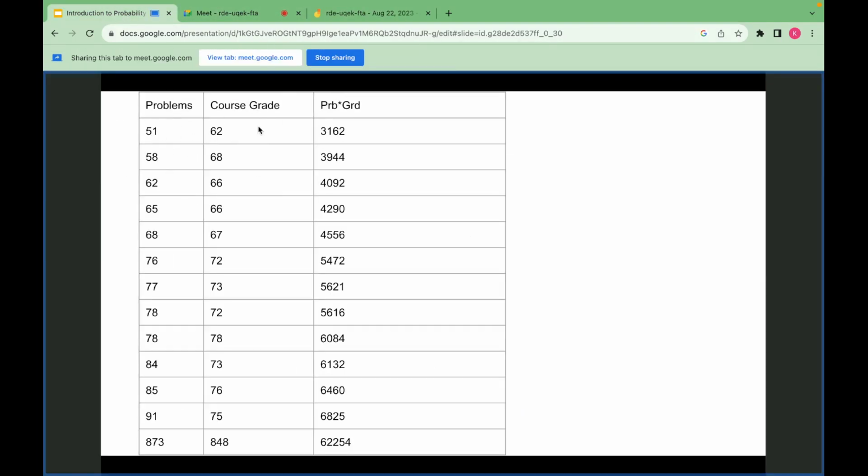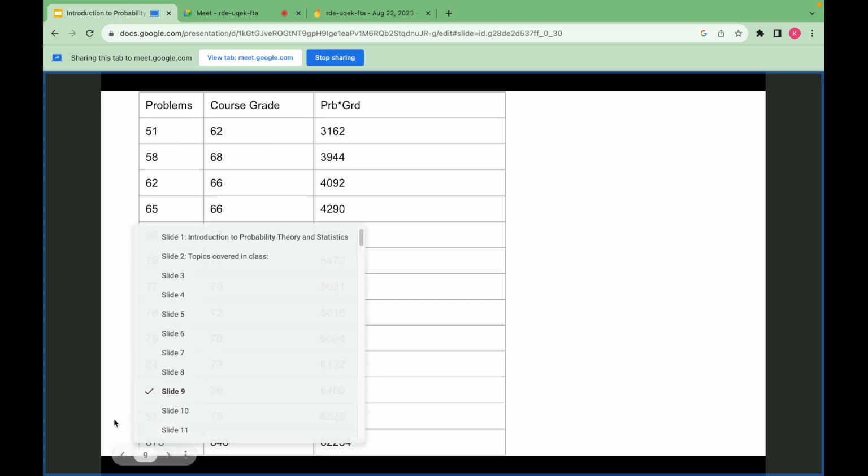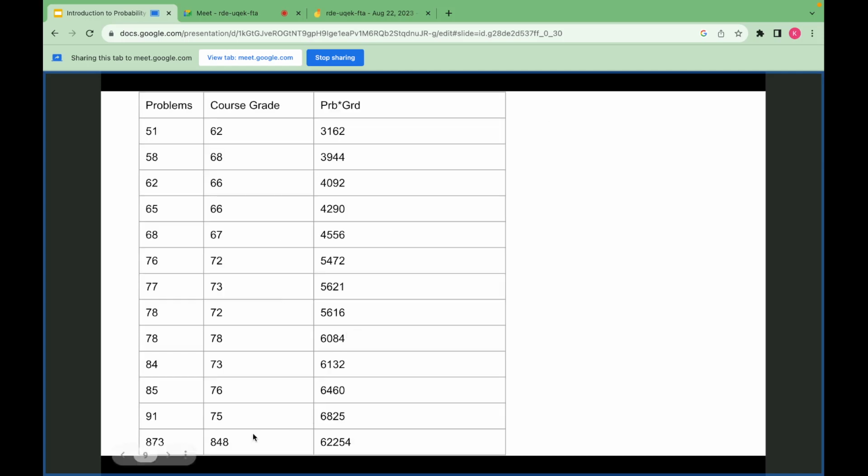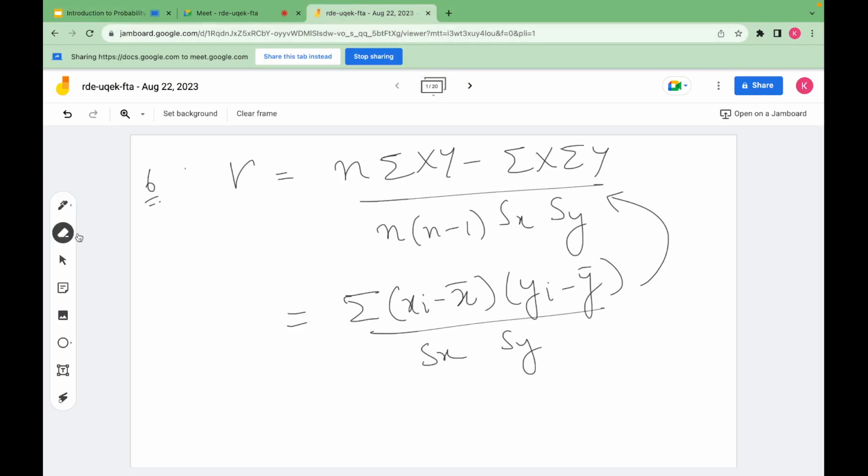This is the x, this is y. We took their multiplication x into y column by column and then added those values. The last column is showing the summation of all the columns. So 873 is the summation of this column, 848 is the summation of this column, and 62254 is the summation of this column. So in this formula, this is also a formula for finding the correlation coefficient.